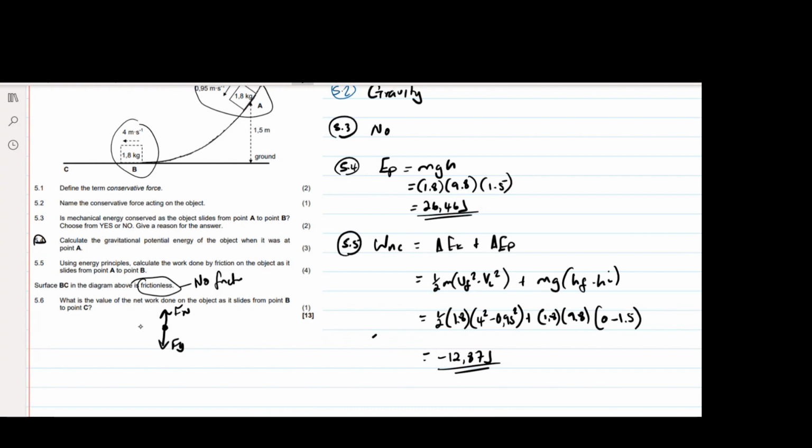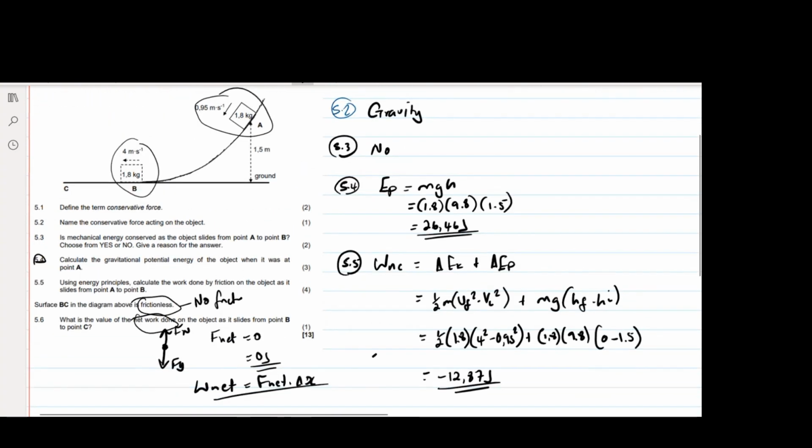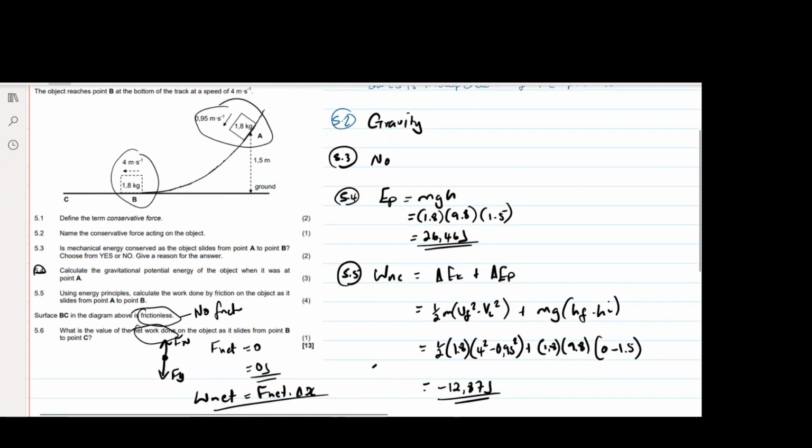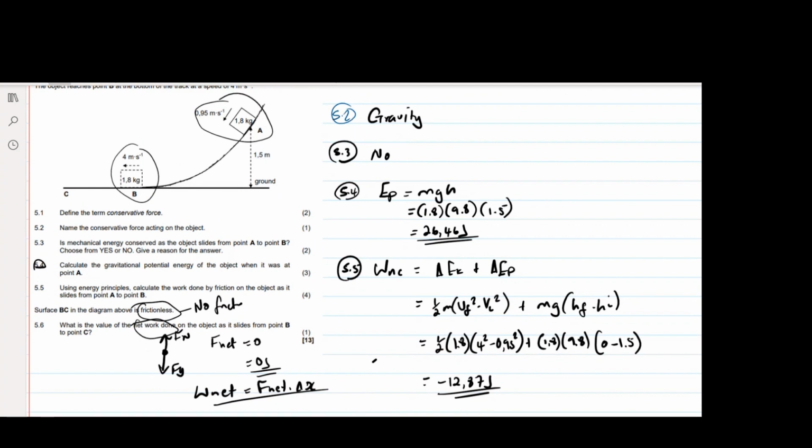There's no force acting on it here, so the net force is 0. Therefore, the net work done on the object is also going to be 0 joules, because net work is the net force times the displacement. Since we don't have a force acting on the object, there's going to be 0 work done on the object from point B to point C.